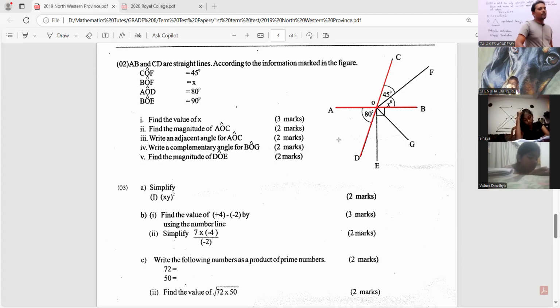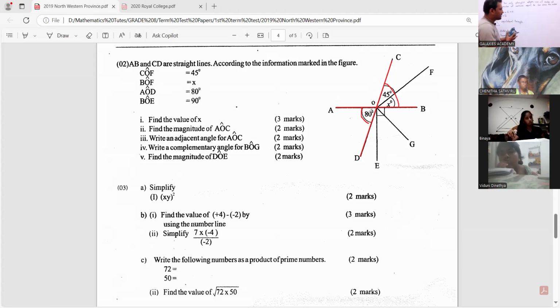Vertically opposite angles. You know vertically opposite angles are equal in magnitude. So what are the vertically opposite angles? This 80 degrees and this angle. This angle I can write as x plus 45, right? So x plus 45 equals 80.